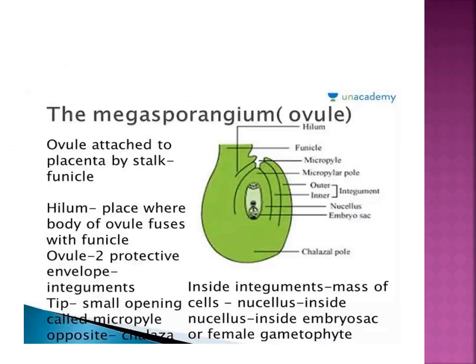The megasporangium, the ovule. These are female characters. Look at the picture. The ovule is attached to the placenta by a stalk, the funicle. The hilum is the place where the body of the ovule fuses with the funicle.